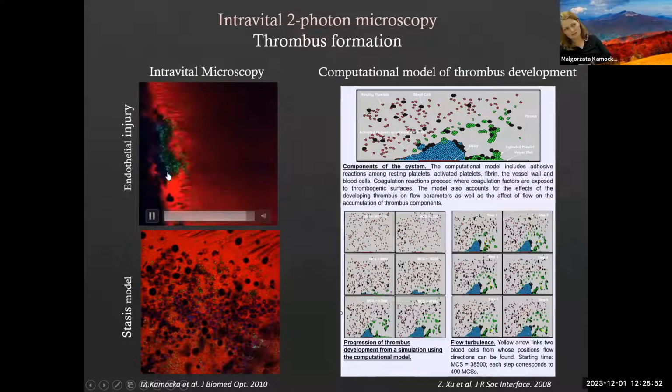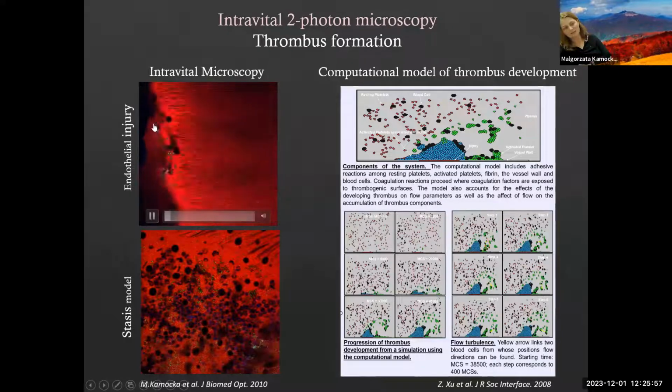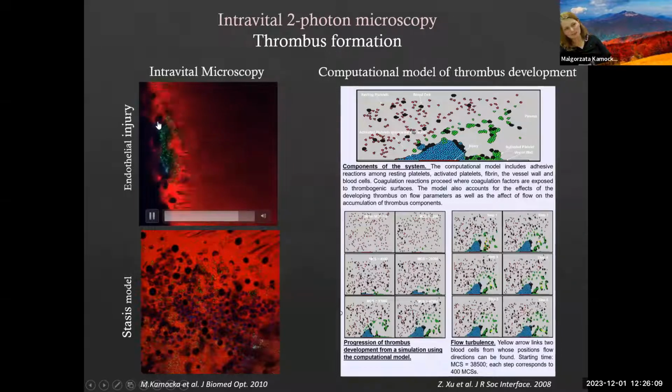So the clot starts forming, and there are platelets, labeled in green, which accumulate on the surface at the site of the injury, and there is also fibrin, labeled in blue, which gets accumulated. Unlabeled blood cells are visible either as these black streaks, or as these shadows of cells. When they slow down enough, we can see them attaching and rolling on the endothelium. So we see nice leukocytes here.